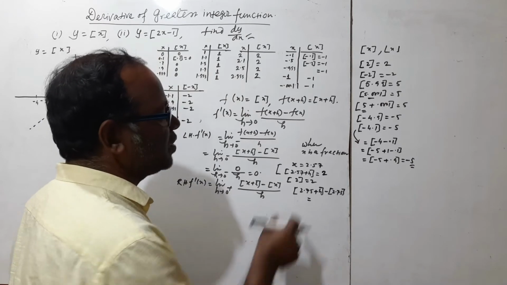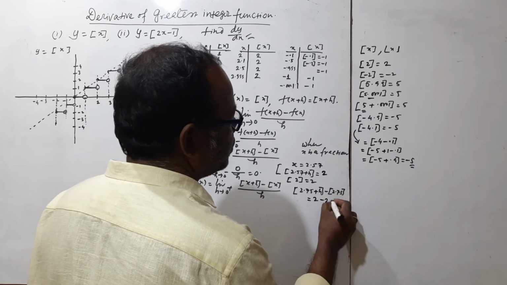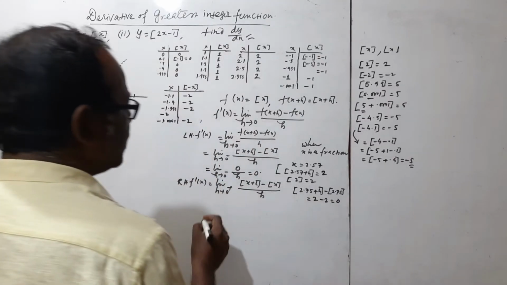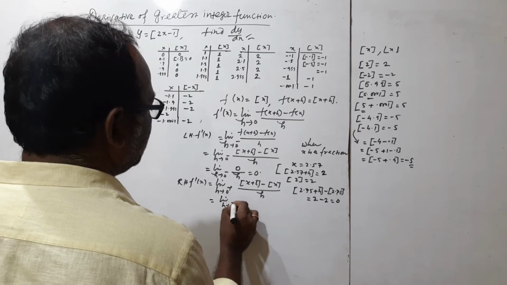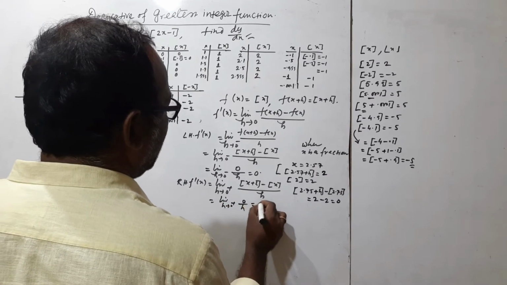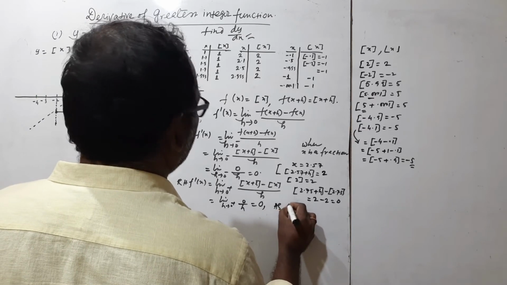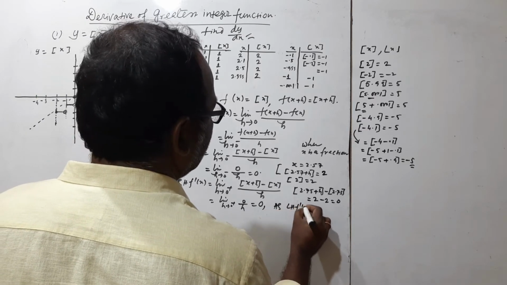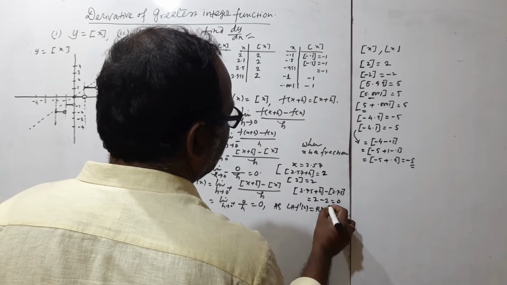So the box of 2.7 something is only 2, and also box of 2.75 is 2, so it also gives us 0. So therefore the limit h tends to 0 plus of 0 over h is equal to 0, as left hand f dash x is equal to right hand f dash x.